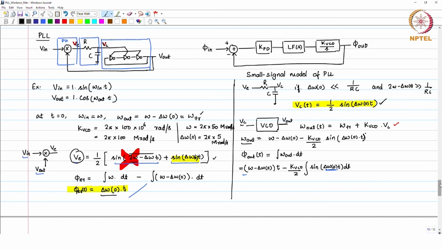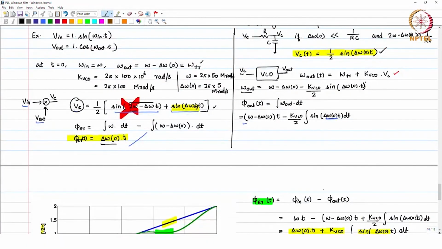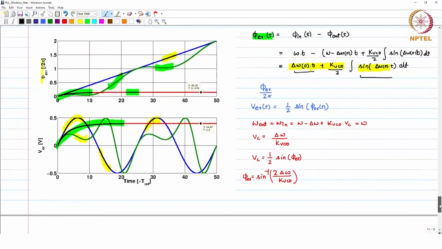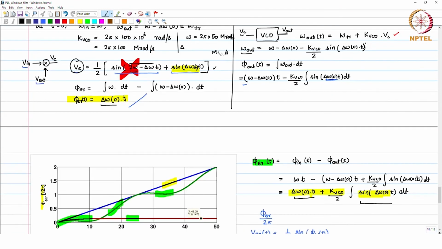So, the initial analysis is for any value, but finally the example which I plotted here, there the delta omega 0 was 2 pi into 40 mega radians per second, okay, and omega was 2 pi into 50 mega radians per second.